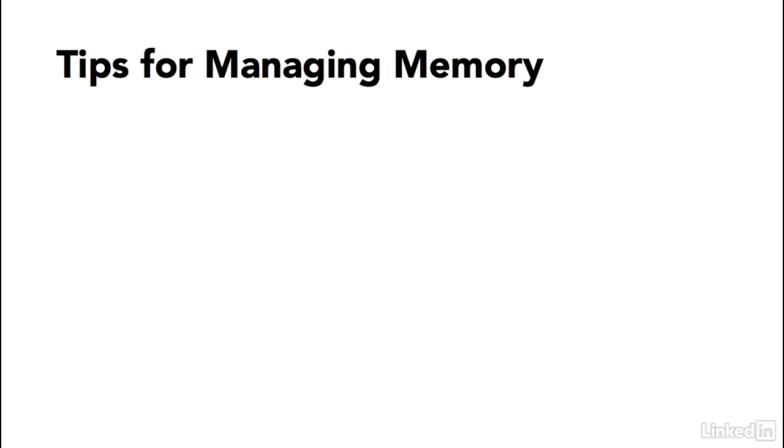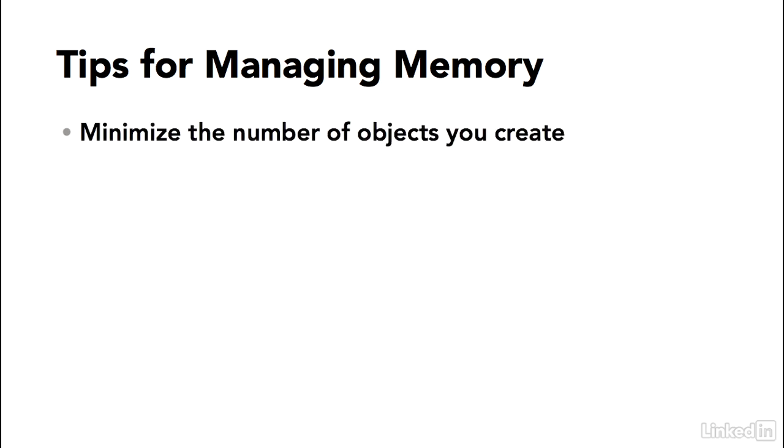To prevent that from happening, you should understand a little bit about managing memory in Java applications. First of all, minimize the number of objects you create. Understand when objects are being created, and see if you can find ways of recycling or reusing objects instead of creating new ones.